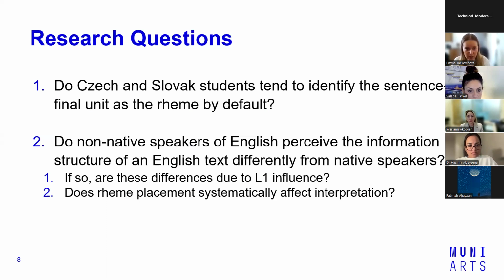And if so, to what extent can these differences be attributed to conventions rooted in their first languages? That means conventions which will make Czech and Slovak speakers expect the rheme at the end of the sentence. And the last question is, does the placement of the rheme, final versus non-final rheme, elicit systematically different interpretations from native and non-native participants?